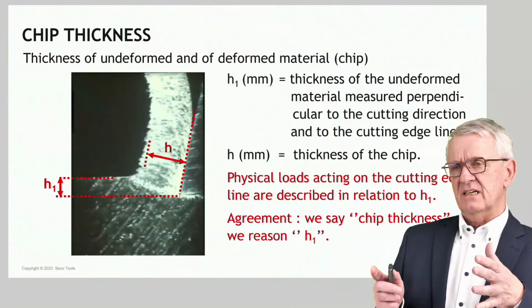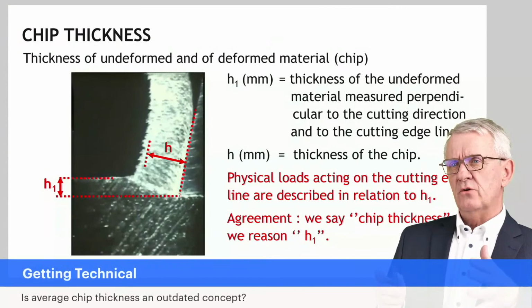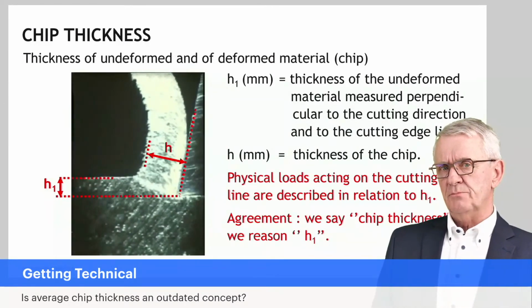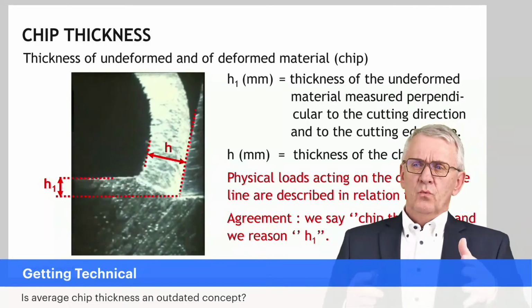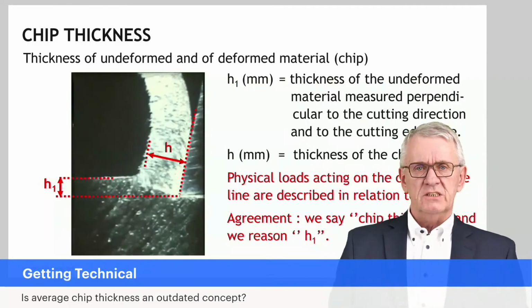So here the confusion gets started, because we talk about chip thickness, but using the words chip thickness, we think of the thickness of the undeformed material, which is H1.